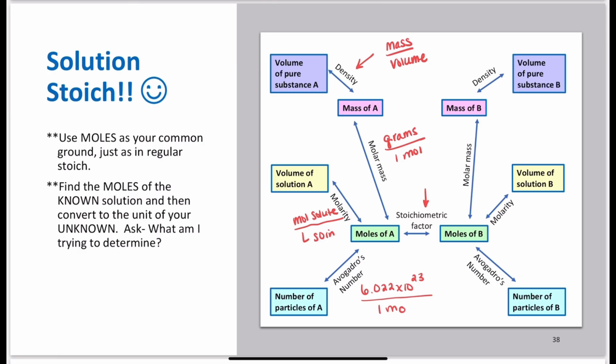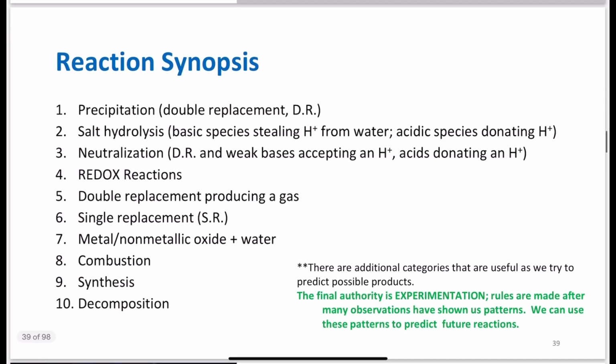And your stoichiometric factors, again, that can come from the formulas themselves or from a balanced chemical equation. So with just these conversions, you can do all kinds of things.